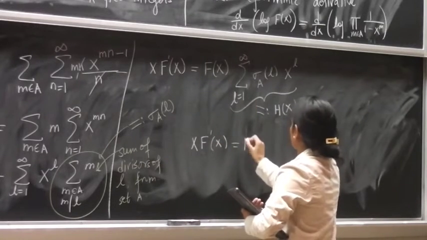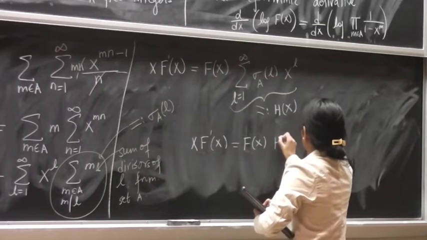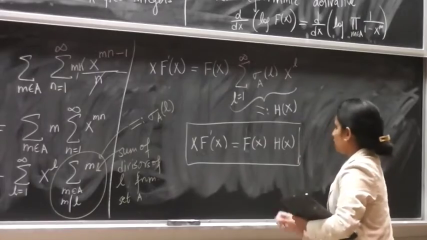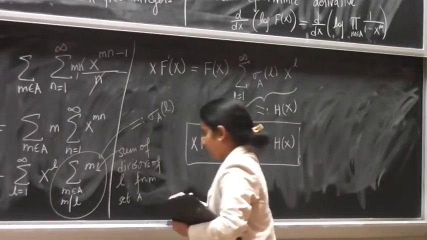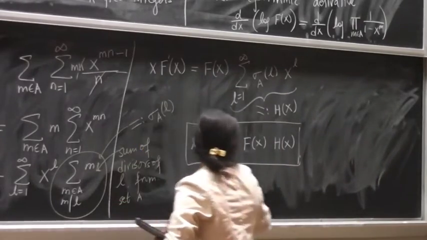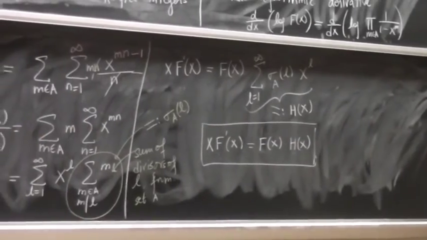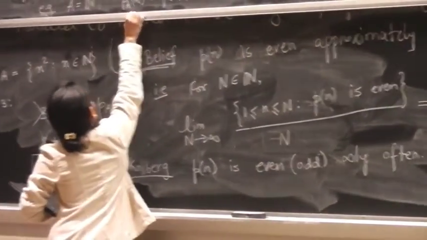So this is equal to just f of x. So, okay. So now this is where all the math happens. So we will switch to now studying the function sigma sub A of L.